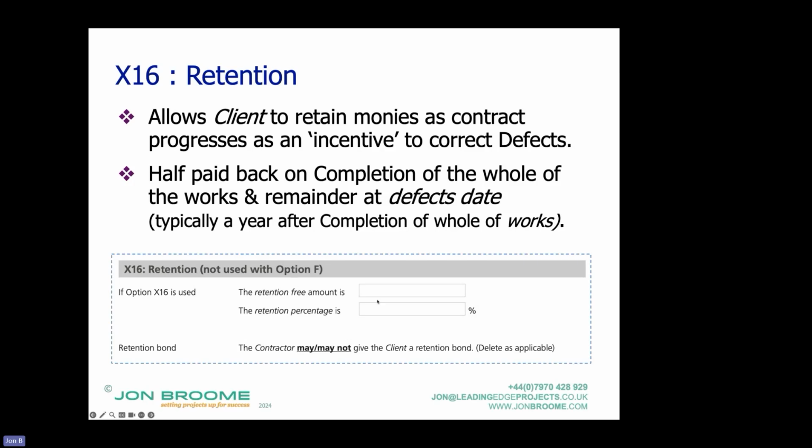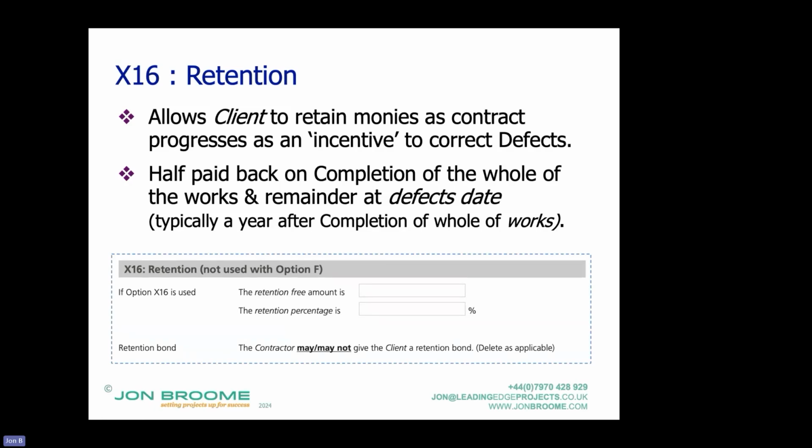So the retention-free amount is where you say we're not going to deduct any retention until 80% of the price is reached. On exactly the same project I'm talking about, the £120 million contract, they said something like 80%, and then we're going to deduct retention at 25%.